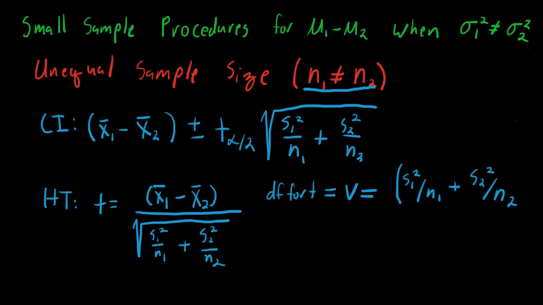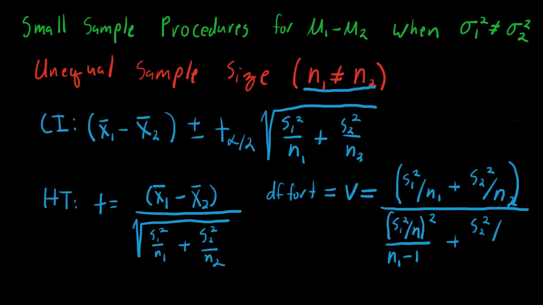And we're going to take that whole value, squared, and we're going to divide that by s1 squared over n1, and that value is squared, divided by our n1 minus 1, and we're going to add that to our s2 squared over n2, all that squared, divided by n2 minus 1.